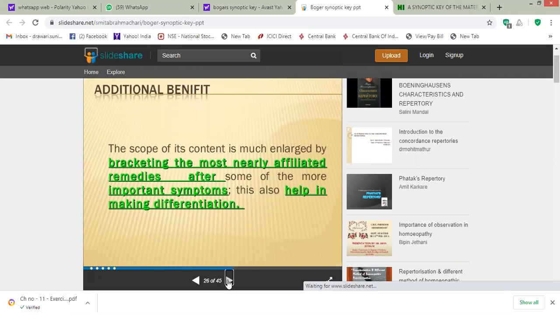The scope of its content is much enlarged by bracketing the most nearly affiliated remedies after some of the more important symptoms. This also helps in making differentiation.